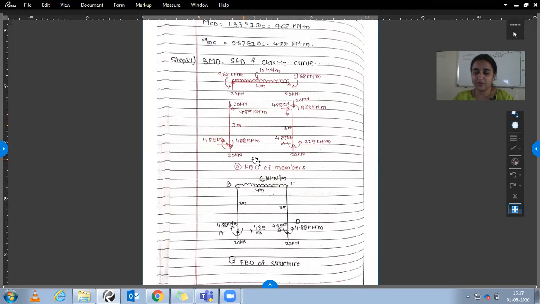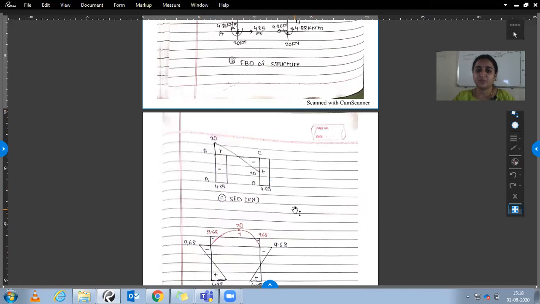In that way, we'll find all the values of reactions at the supports. Then we will find the free body. This is the free body of the member, and this is the free body diagram of the structure. Then moving towards the shear force diagram.